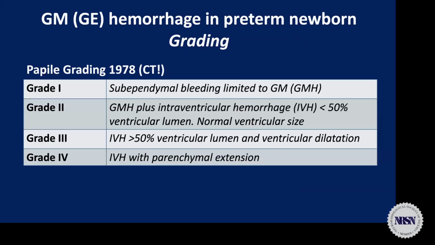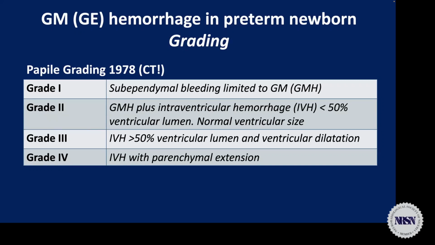The grading of germinal matrix hemorrhage that is diffusely used is still the Papile grading. This grading was made up in 1978 with CT. In this grading, we have grade 1, in which the bleeding is limited to the germinal matrix, and grade 2, in which the bleeding is present not only in the germinal matrix, but also in the ventricular area.